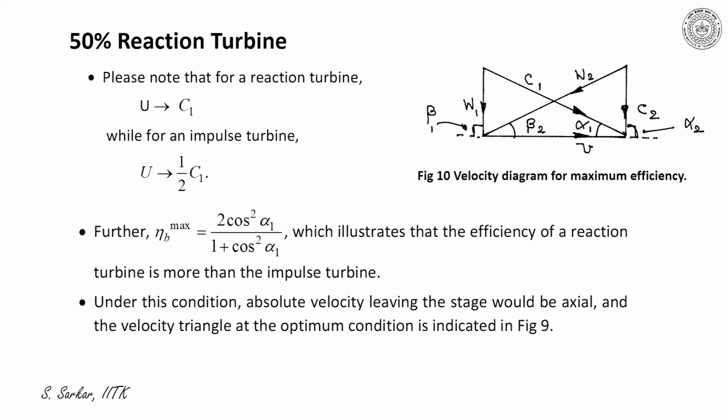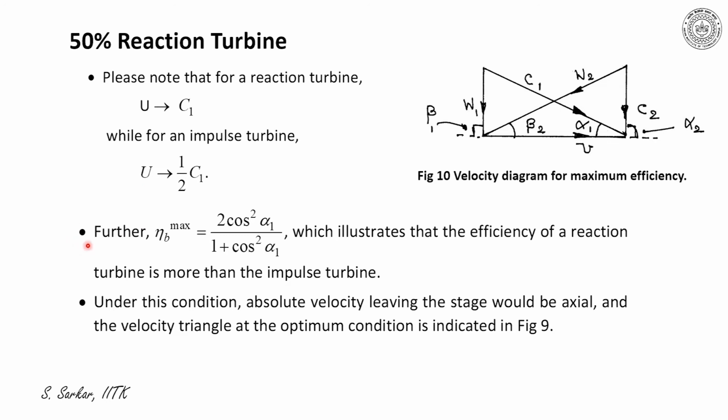I have already indicated that alpha 1 is recommended to be between 15 to 25 degrees. Thus, for a 50% reaction turbine, the blade speed U would be close to C1, while for an impulse turbine, the blade speed would be close to half of C1.